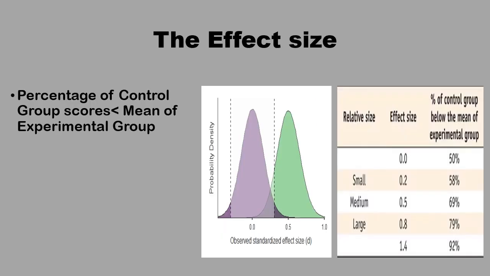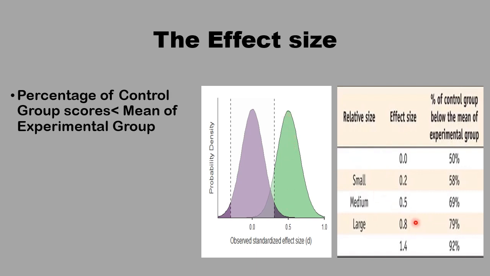The other way of interpreting a certain effect size is to go through this table. If the effect size is very high, like 1.4, we know that 92% of the control group would be less than the mean of the experimental group. 92% of patients who had not had the treatment would be worse than the average patient who had the new treatment or the new surgery.